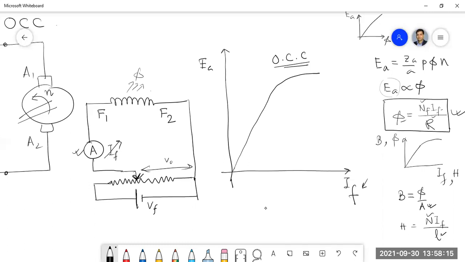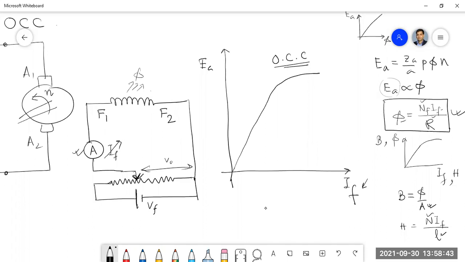So though it is an open circuit characteristic, a voltage curve, it is decided by the magnetization property of the material itself. So this is also called the magnetization curve. The iron present in the core material dictates the nature of the OCC curve.